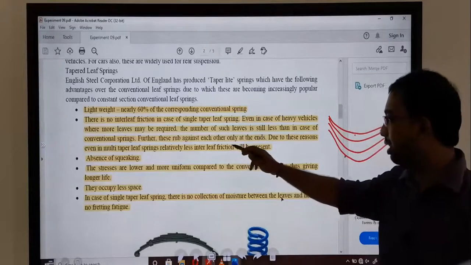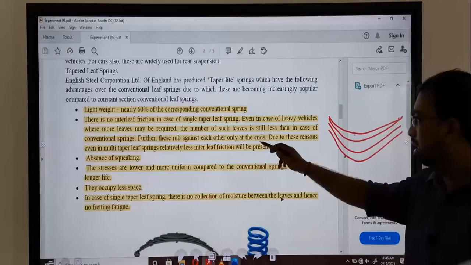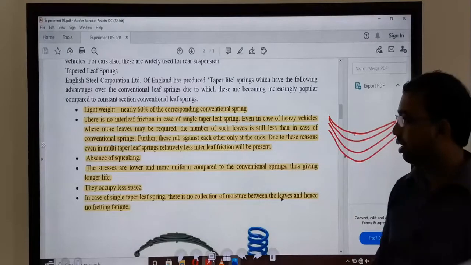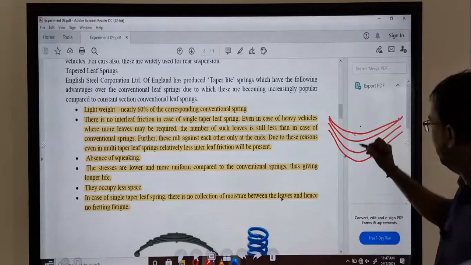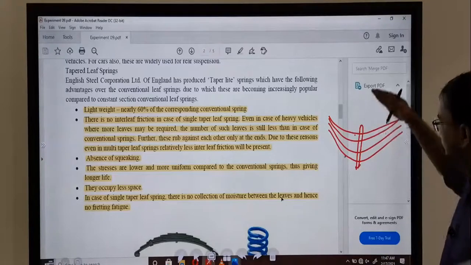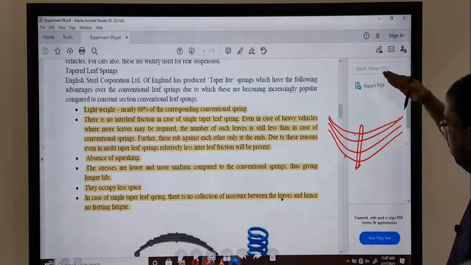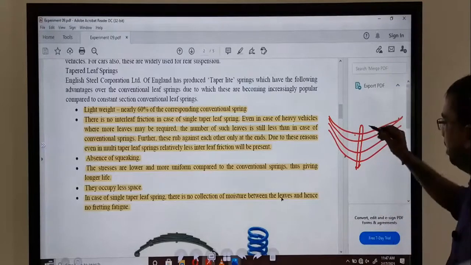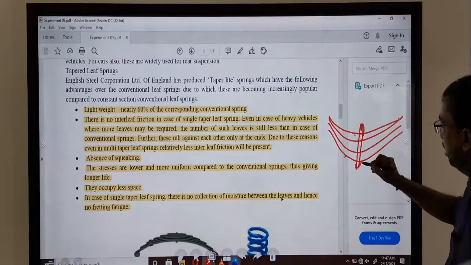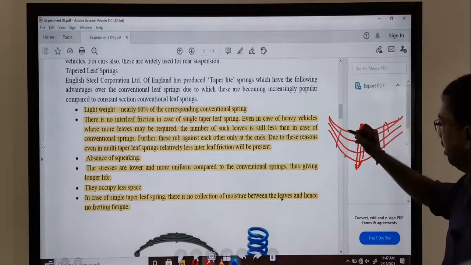Further, these rub against each other only at the ends. That means normally it's bolted in the center, tapered and compressed, held by a bolt, and there are some clips covering it.